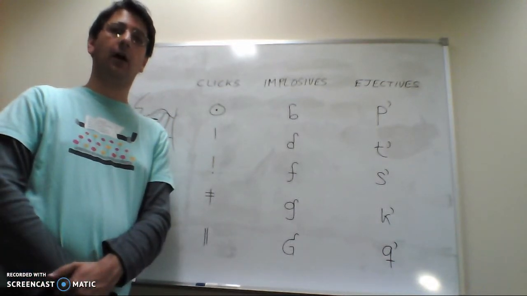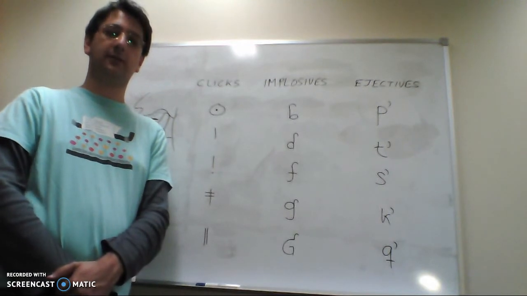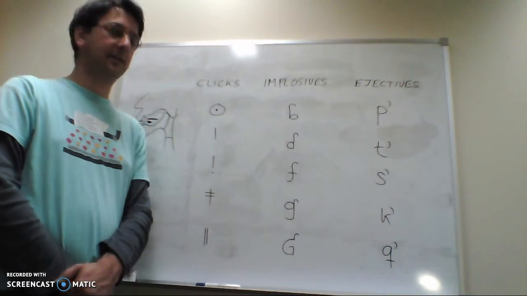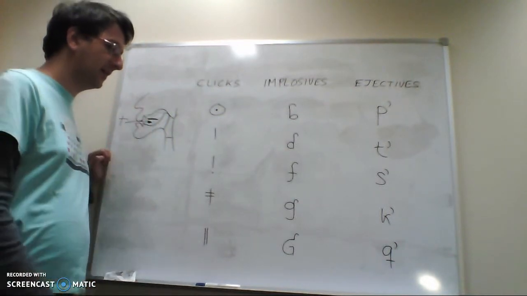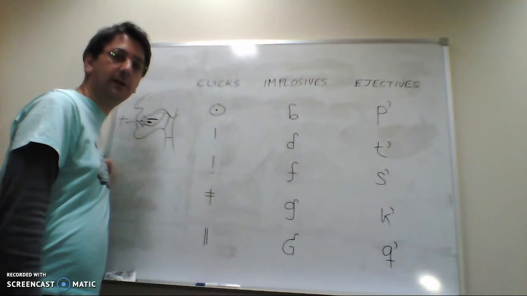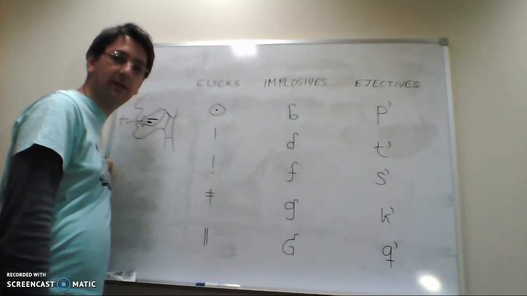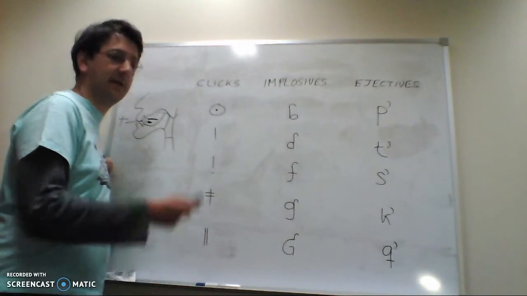Ga, ga, ga, and uvular, ga, ga, ga. Okay, something like that. But anyway, the most common implosive in the languages of the world is the bilabial.